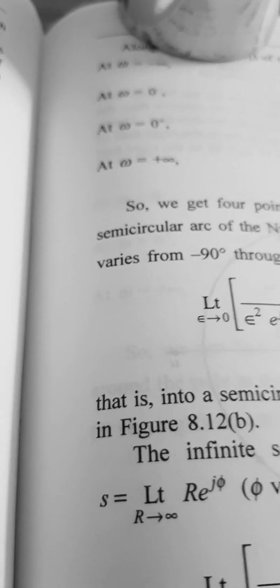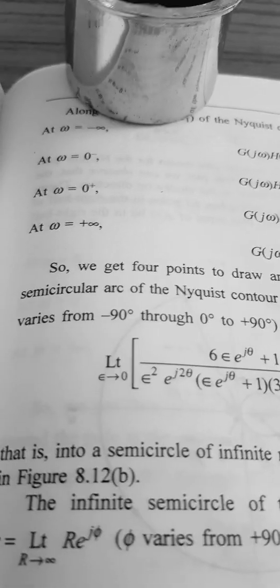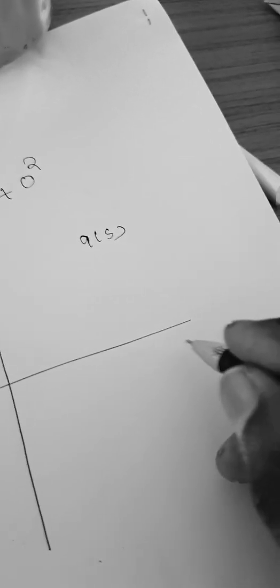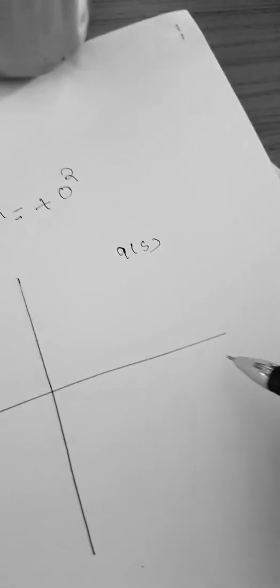So now, if you are roughly drawing this approximate plot, this is your G(s)H(s) plane. Here you have u, and this is jv.